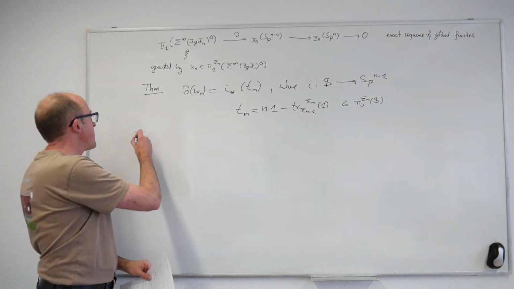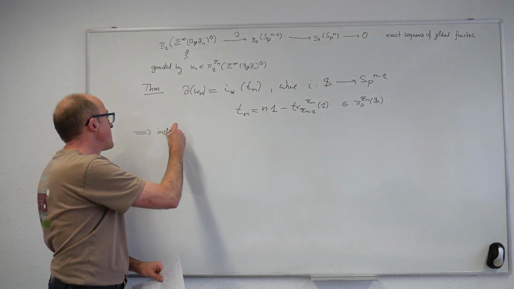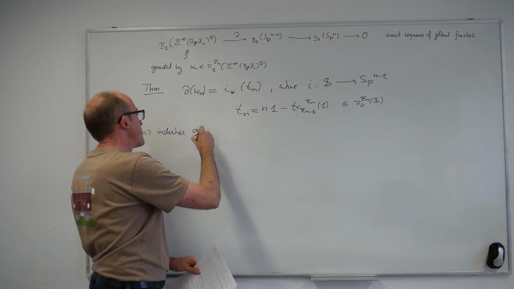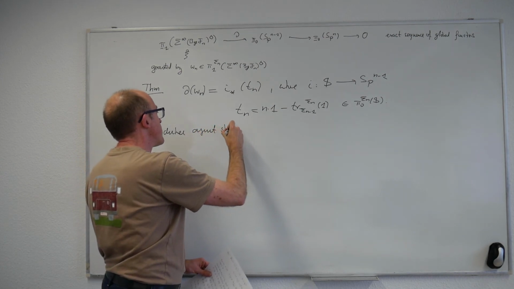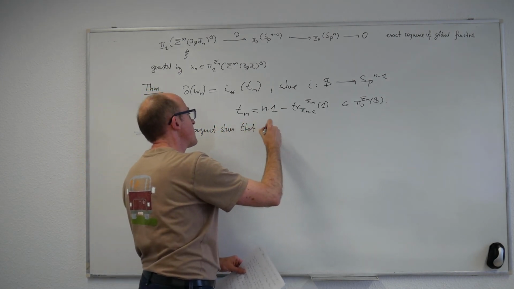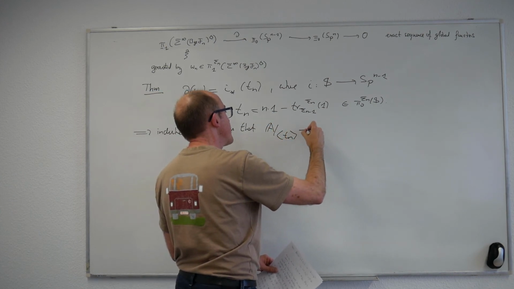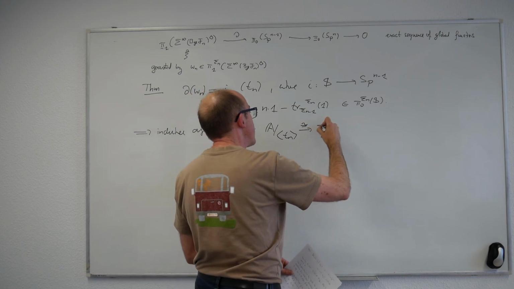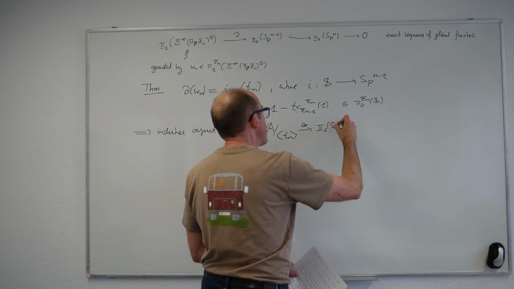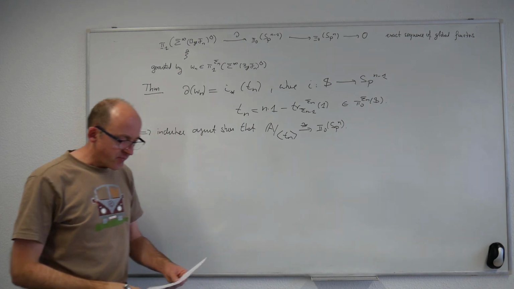From here, an inductive argument shows that A modulo the global subfunctor generated by Tn maps isomorphically to pi 0 underlined Spn, straightforward.